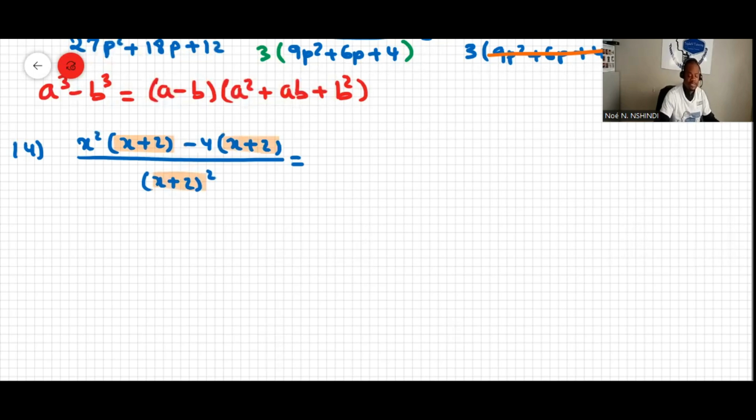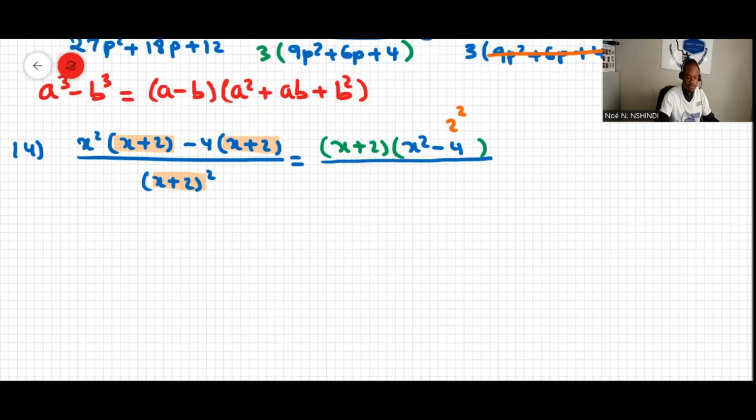We can take x plus 2 as a common factor. So it's going to be x plus 2 as the common factor, and then there it will be x squared minus 4. Note that 4 is the same as 2 squared, meaning x squared minus 4 is a difference of 2 squares.